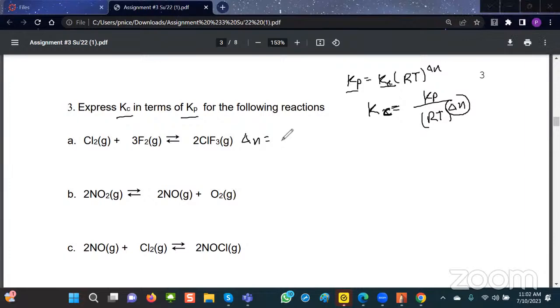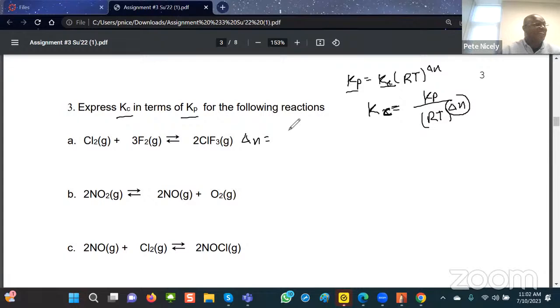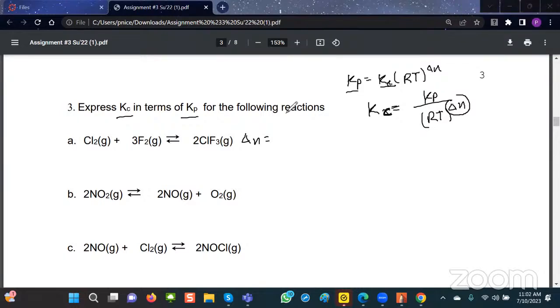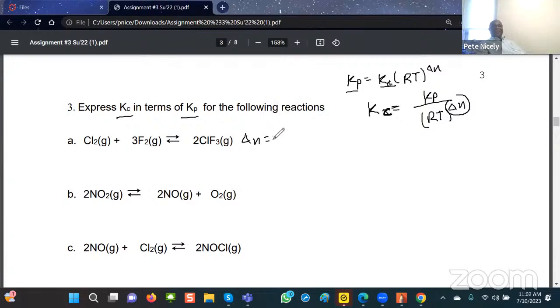Two. You sure? Remember, delta N is the sum of the coefficients of the products minus the sum of the coefficients of the reactants. -2. Exactly, because delta N is going to be 2, which is the sum of the coefficients of the products, minus 3 plus 1, which is 4. So -2 would be the answer.